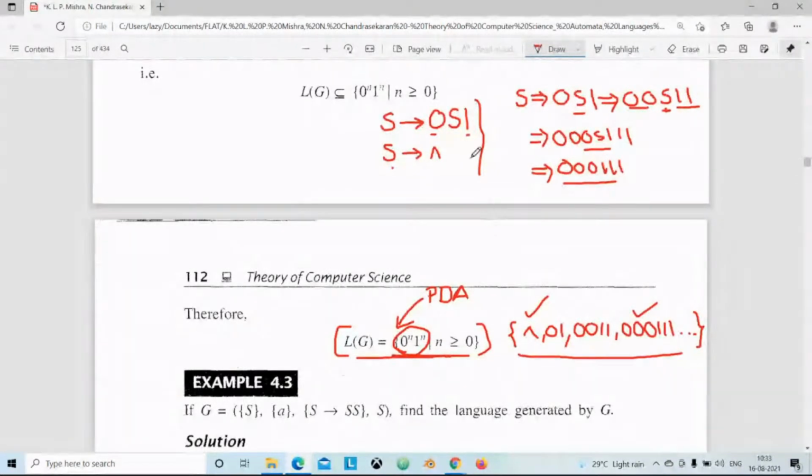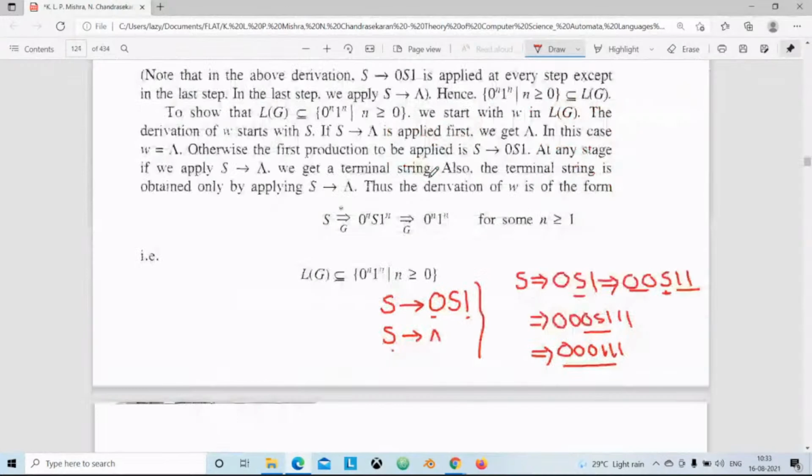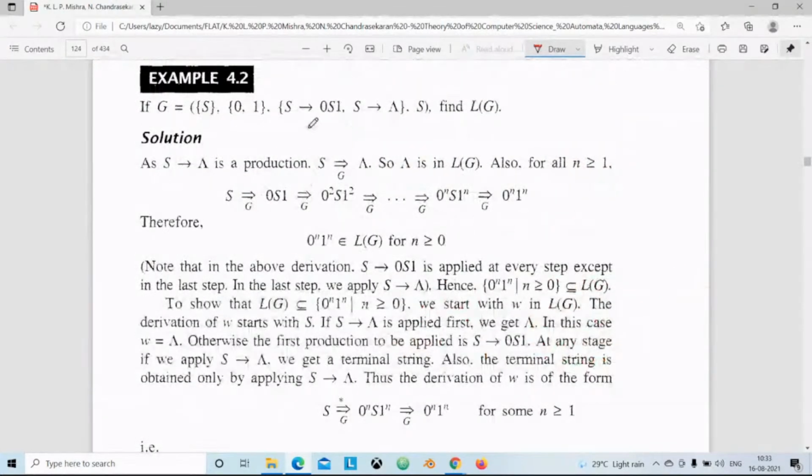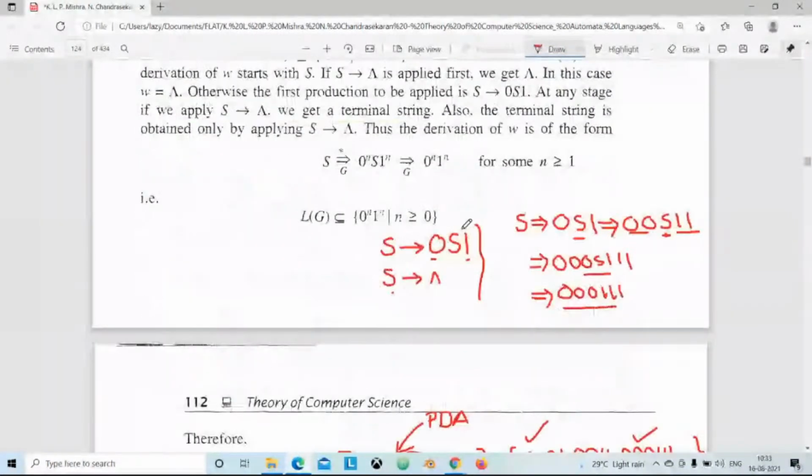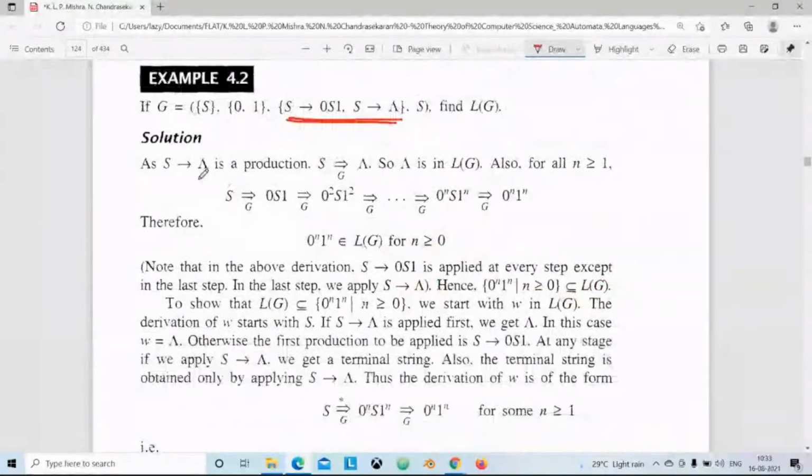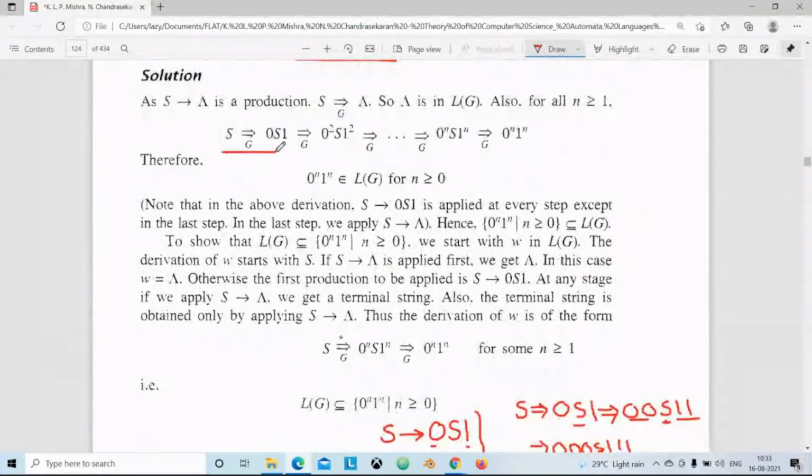Keeping in mind that this is a structure we can consider to generate an equal number of zeros and ones, if you keep this in your scope, try to model some other thing likewise. Another way of saying this is a compact notation, which I suggested in the previous class, for how compactly you can write it.